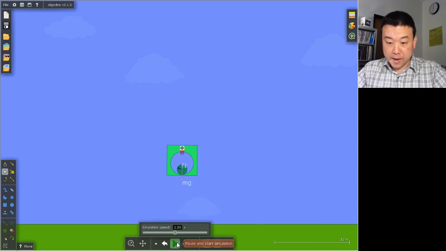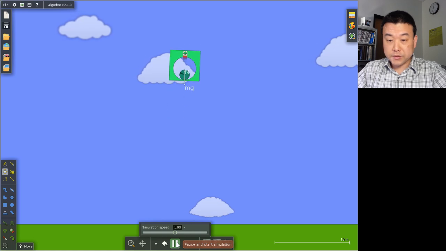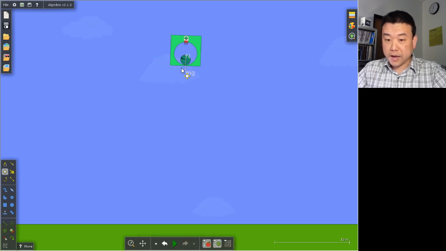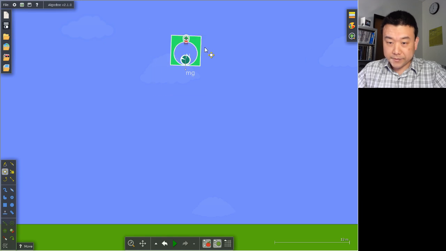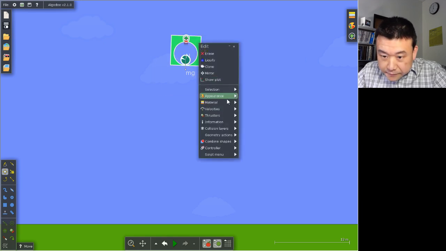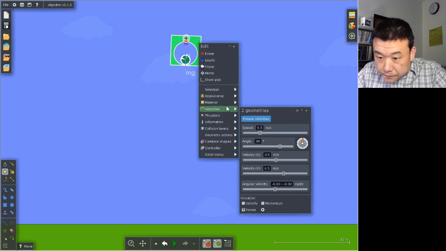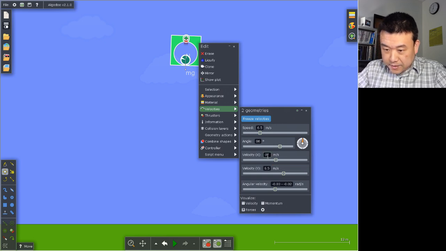Then watch. As this elevator continues to move upward, you see that the normal force hasn't really changed. Or let me flip that around. I think I can do this. With everything selected, instead of accelerating it normally, I can just give it a downward velocity.